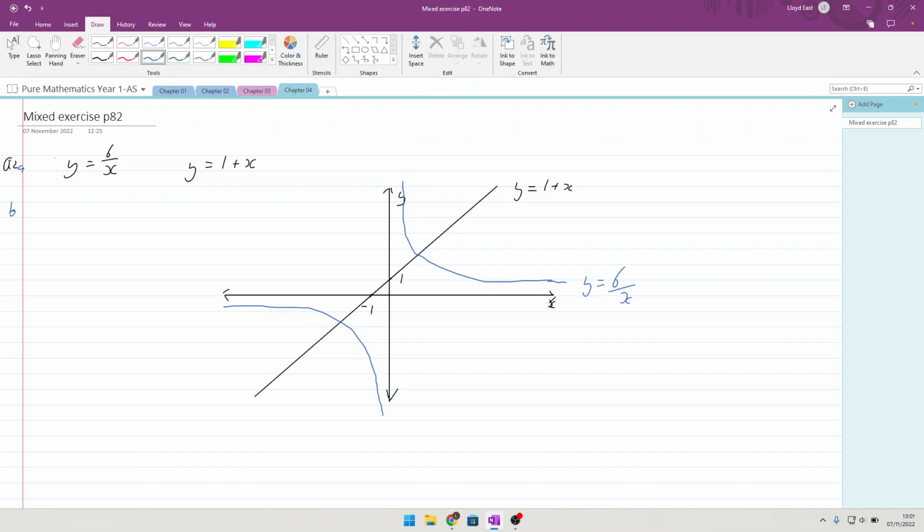Right then, part B is asking, for the curves intersect at the points A and B, find the coordinates of A and B. Okay, so we can put both of these together and we can say 6 over x is equal to 1 plus x, multiply through by the x, giving us x plus x squared, meaning we get 0 is equal to minus 6 plus x squared. And so we get 2 and 3.